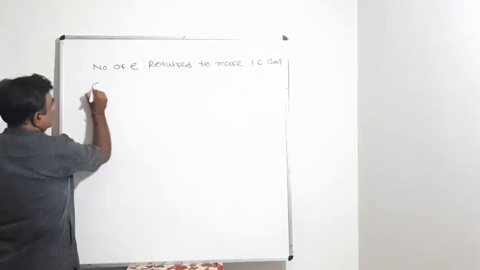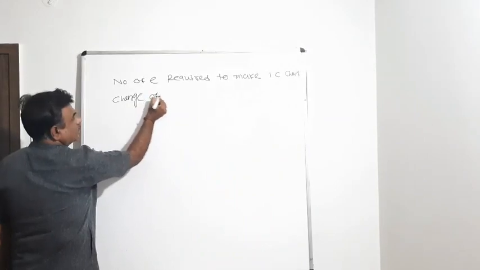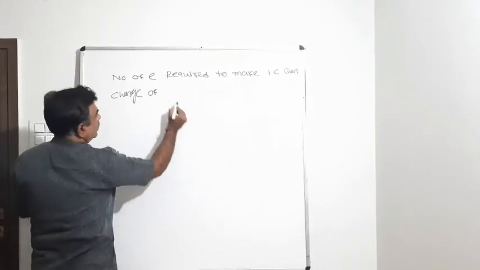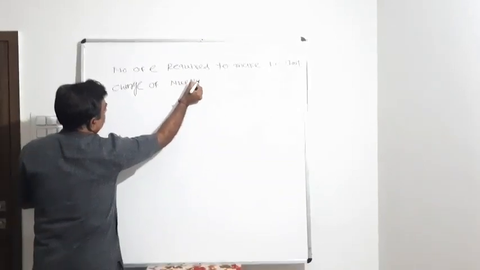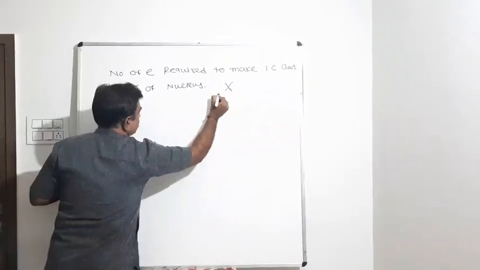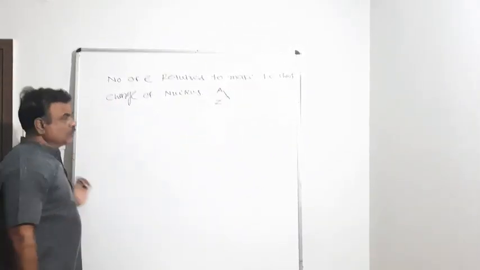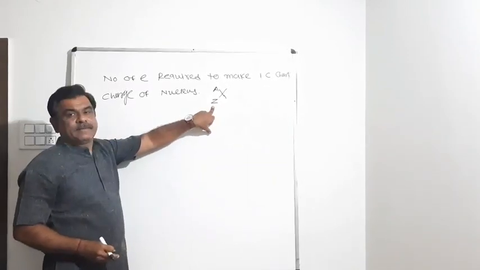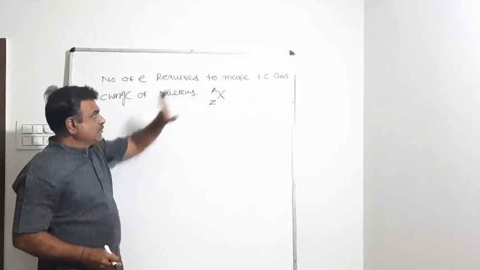Further, the charge on the nucleus X with atomic number Z and mass number A. You have gone through this concept in 11th chemistry. Z represents the atomic number, A the atomic mass number. So what is the charge of this nucleus?